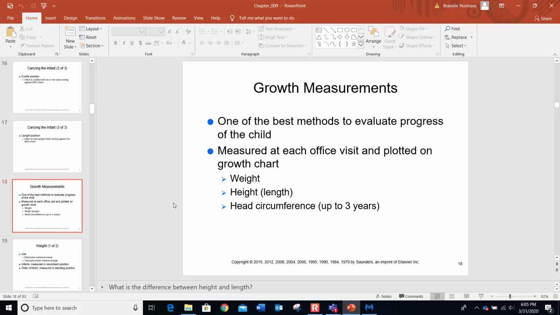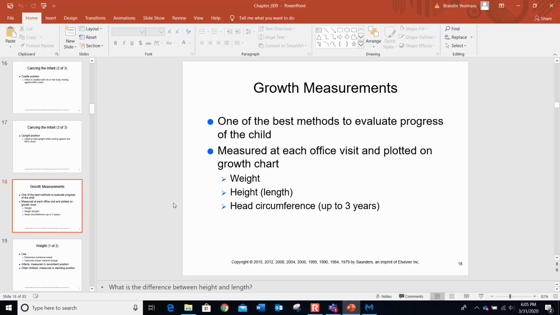So the next thing we need to talk about is growth measurements. This is part of gathering the information to decide, are these pediatric patients growing properly? Are they on schedule? Are they failing to thrive, or are they thriving? Those are some hard words to hear if you hear that failure to thrive. So let's talk about what are growth measurements.